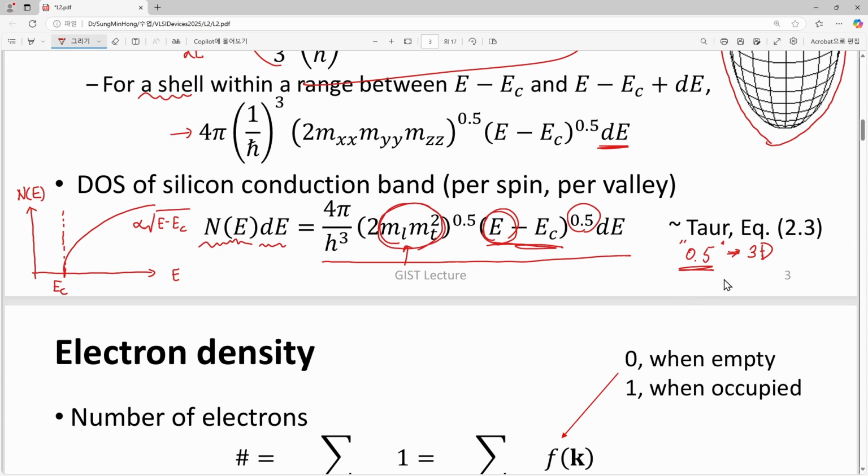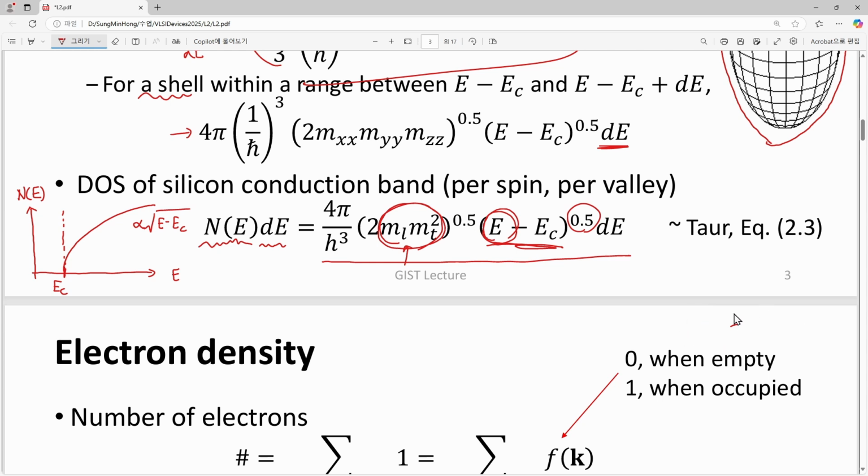So if we consider a two-dimensional electron gas or a one-dimensional electron gas, the power will be 0.0 or minus 0.5. So maybe you have seen it before in your previous lecture courses.